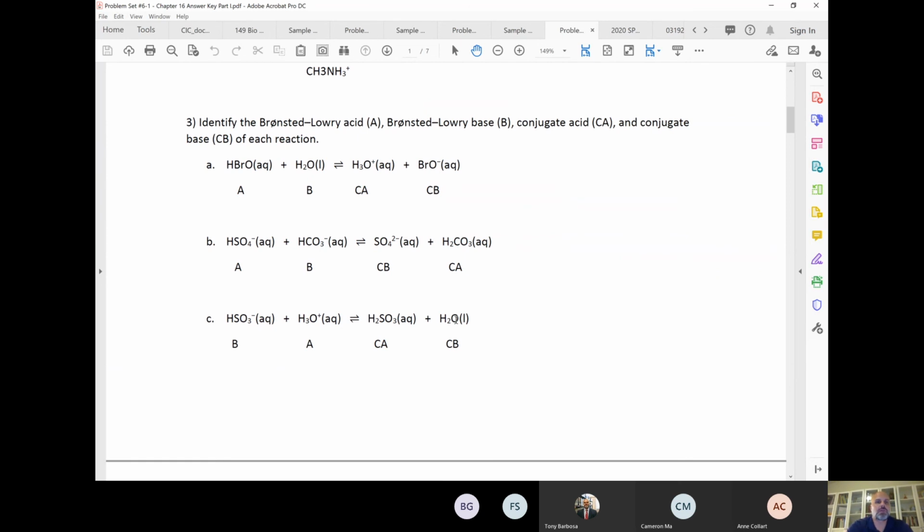All right, so when you're working through these reactions, you have the acid-base equation. The Bronsted-Lowry acid and the Bronsted-Lowry base are always going to be on the reactant side, whereas the conjugate acid and the conjugate base are always going to be on the product side.